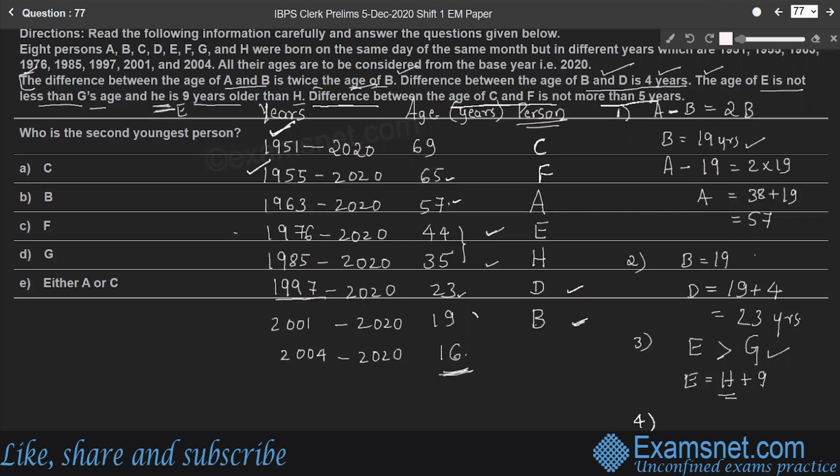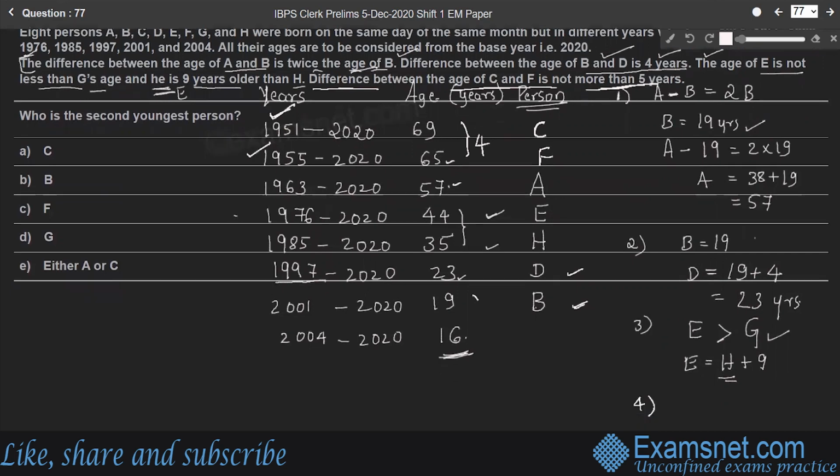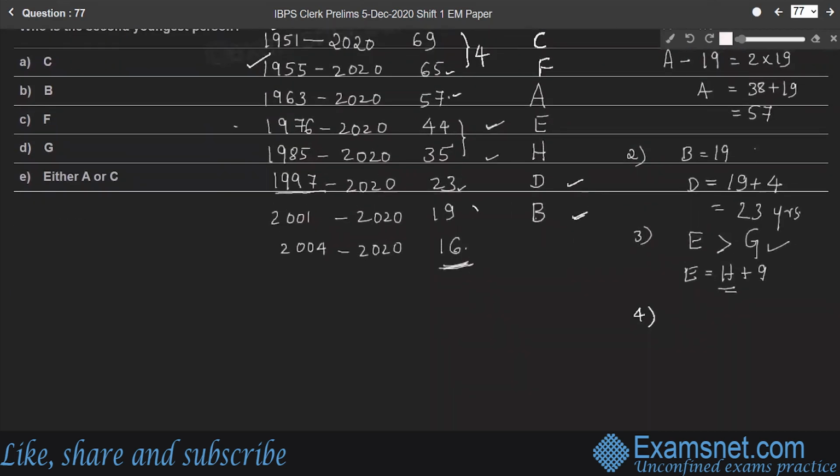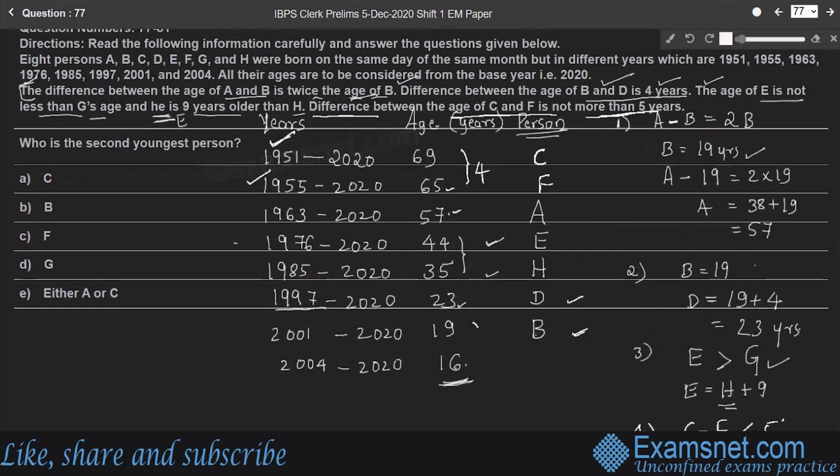So one of the persons is C, another is F here, which is not more than 5 years. Here the age gap is 65 to 69. There is only a 4 years age gap. Then C and F, it is not more than 5 years. That is less than a 5 years age gap.